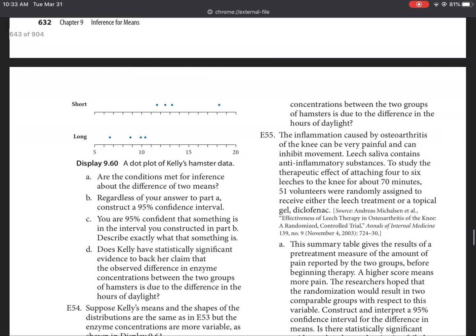But if somebody were to tell you that 0.5 milligrams per 100 milliliters is a very significant increase, then I guess whenever we are asked the question in Part C, you are 95% confident that something is in the interval you constructed. What is that something?